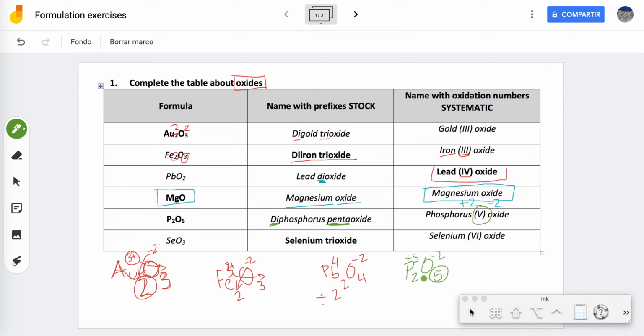Okay, so because there are 5 oxygens, the oxidation number of phosphorus will be 5. So you need to remember which elements have more than one oxidation number. In this case, phosphorus is in column 15 under nitrogen, and it has -3, +3, and +5 as possible oxidation numbers. Phosphorus. Okay.